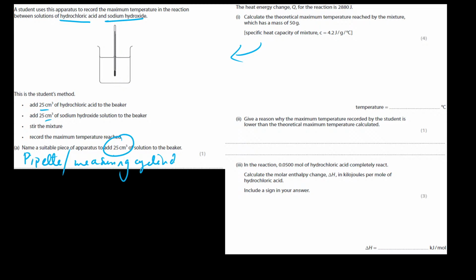Measuring cylinder was the one they went for, but in the additional guidance, they mentioned burette, pipette, syringe, and so forth. Okay. Now, can you guys calculate this 4 marker? And also, could you suggest a reason why the value was lower? And also, continue on and calculate the enthalpy change.